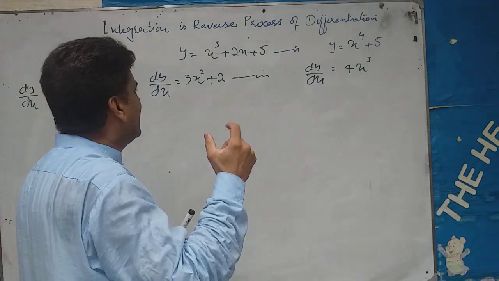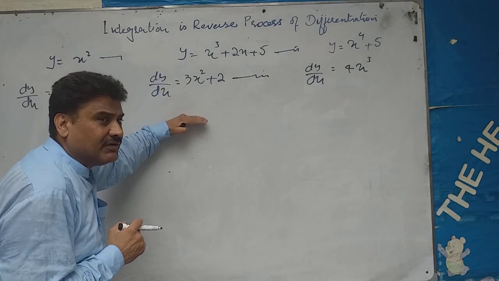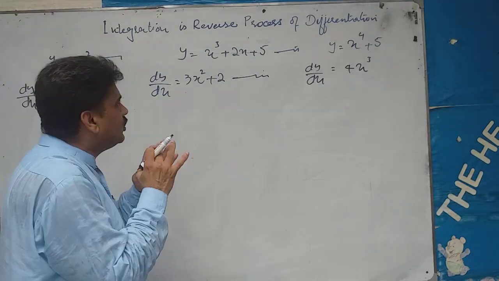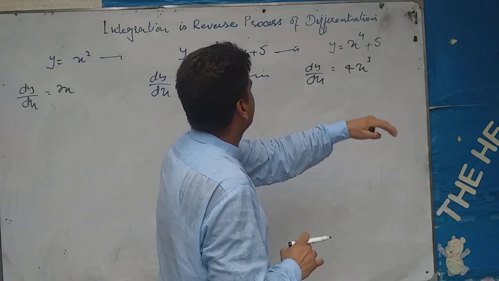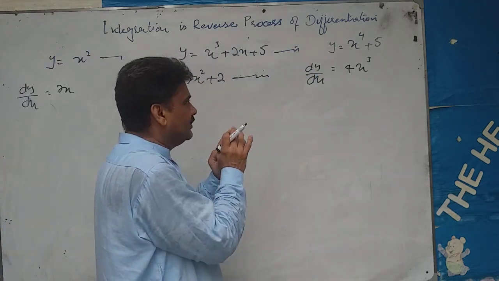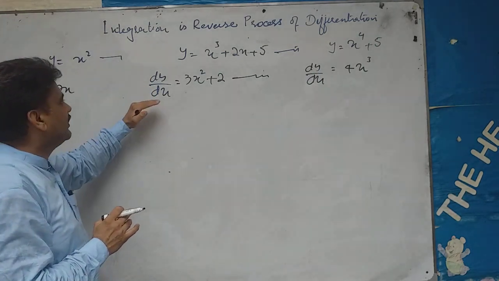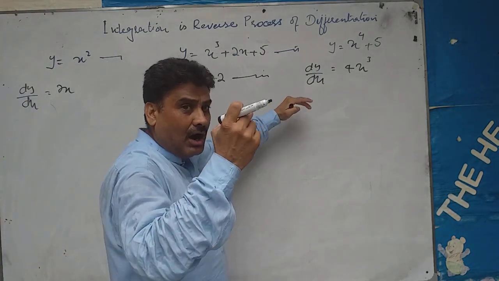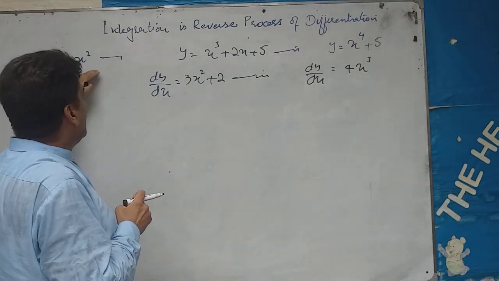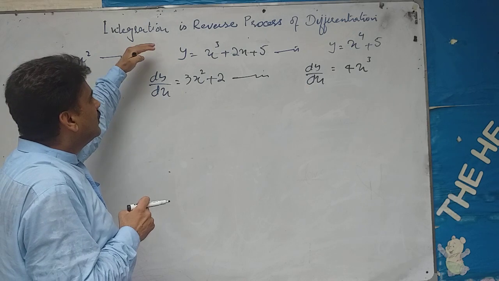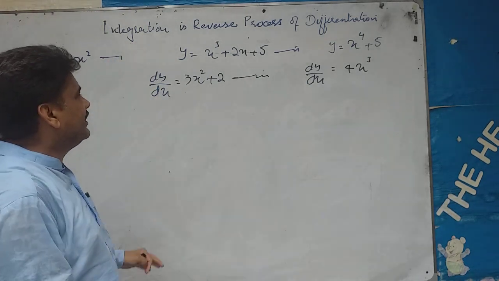Suppose for a while we are only given these gradient functions and we don't have any idea about the actual functions, and it is asked of us to find the actual function whose gradient function is given.